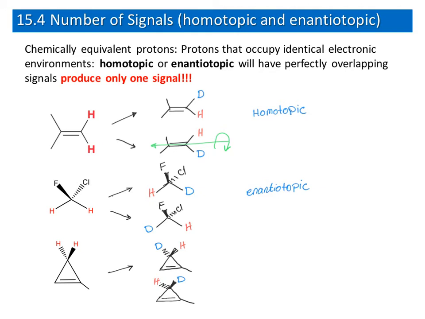Doing the replacement test, I formed a chiral center right here. Now there is no other chiral center in the molecule. So again, these two structures are enantiomers, and the relationship between these two protons is enantiotopic.